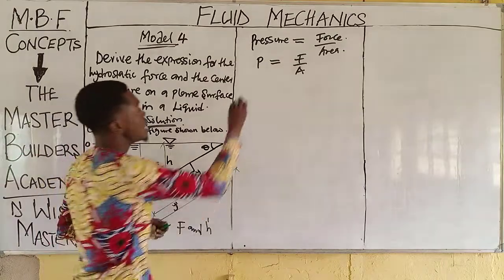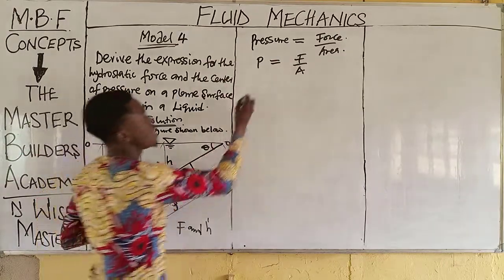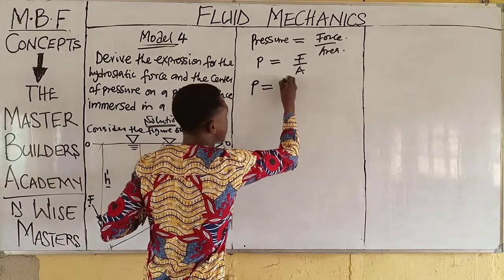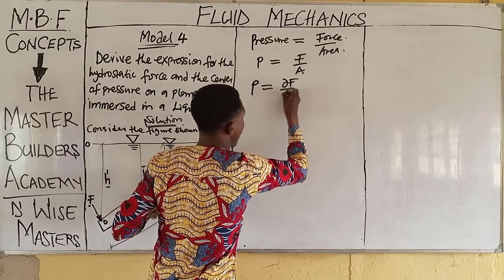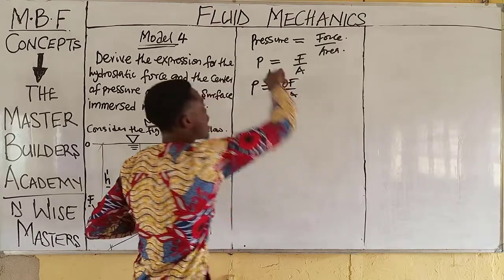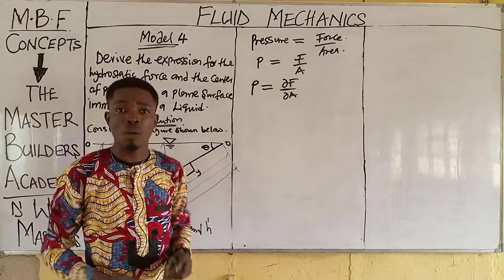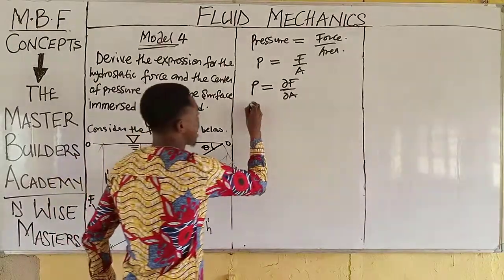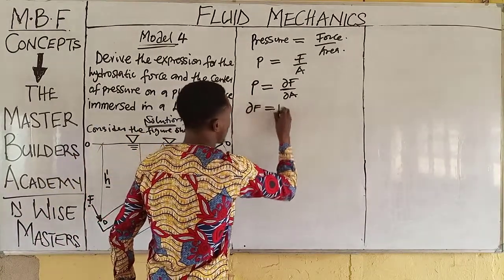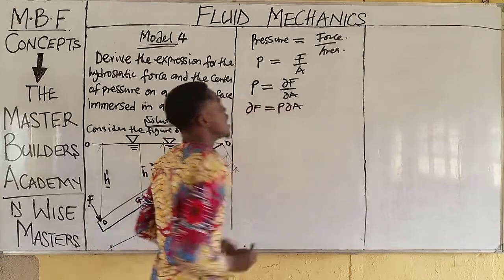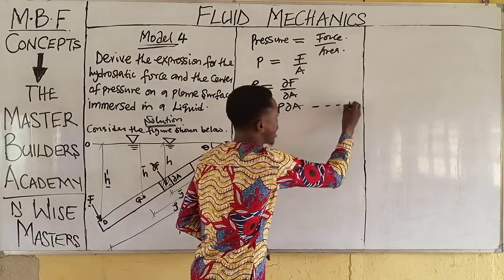If this is taken, then for this elemental section, the pressure acting there is dF over dA. Making dF the subject of the formula, we have dF = P dA. We can call this equation 1.